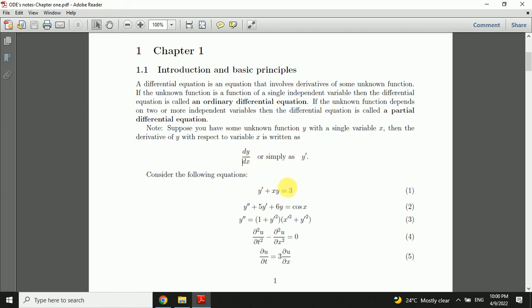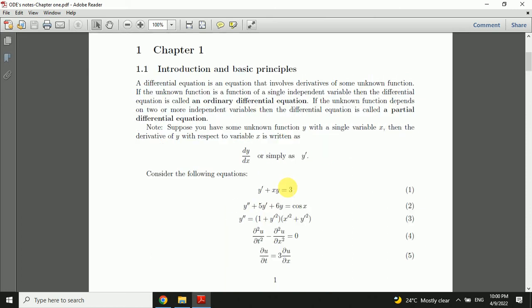Okay? Let's look at some examples here. In equation 1, we have y prime plus xy equals 3. Equation 2, as you can see here, and equation 3, equation 4, look at how they are written, and equation 5.